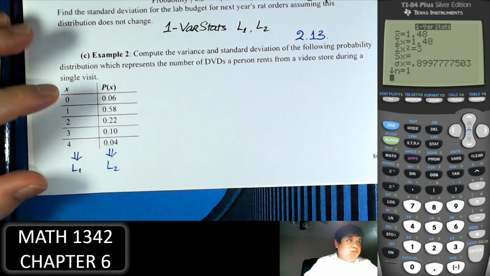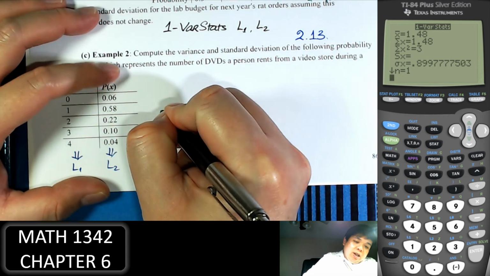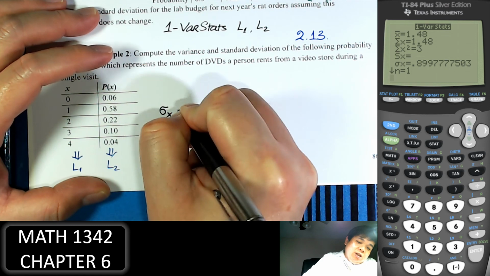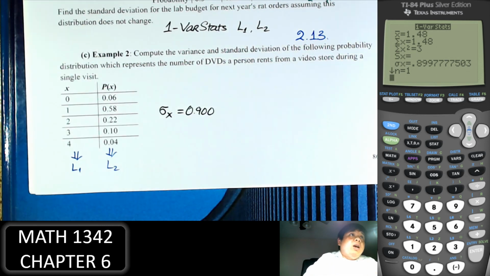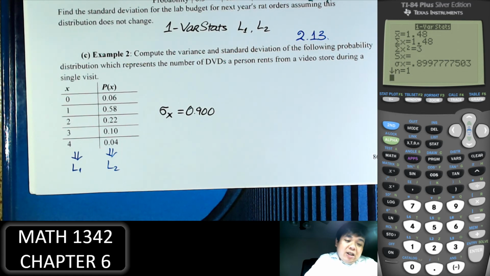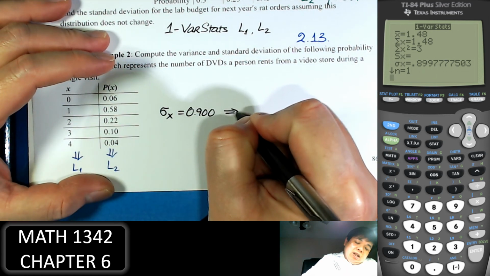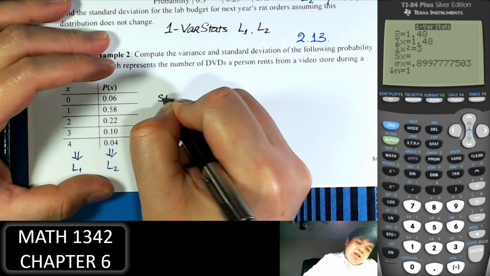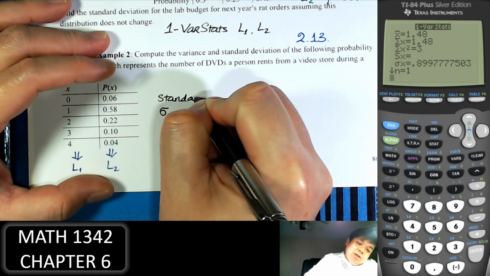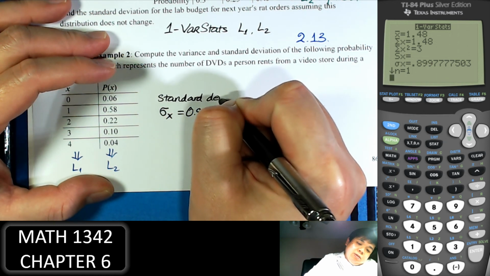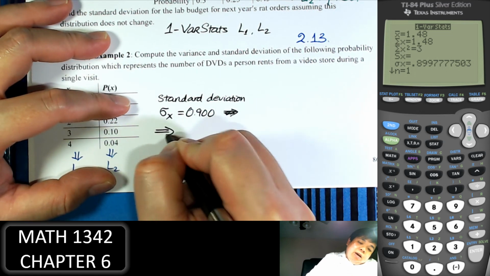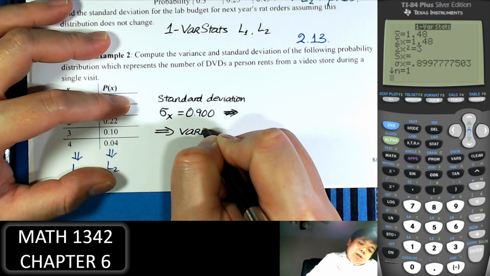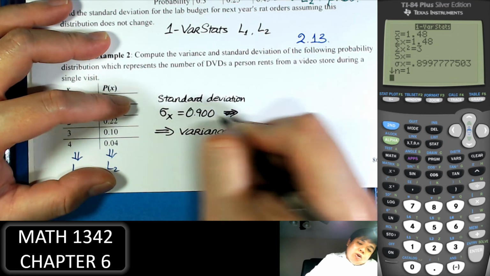So we just say, rounded, the standard deviation is 0.900. If we round up, that's what we get. And in that case, this is the standard deviation. Now for the variance, we're just going to square this.